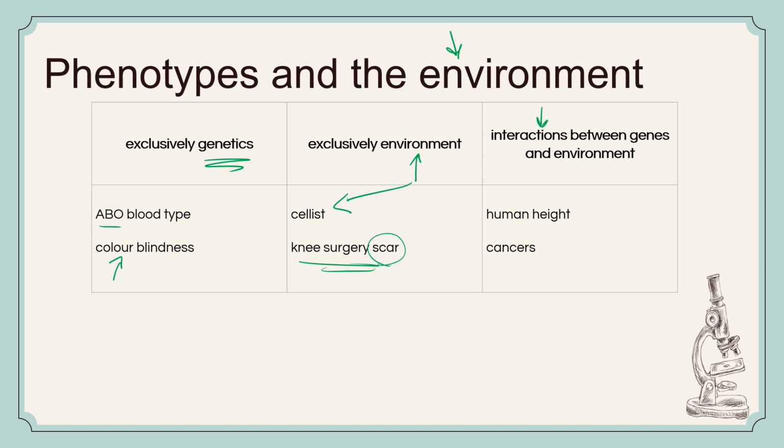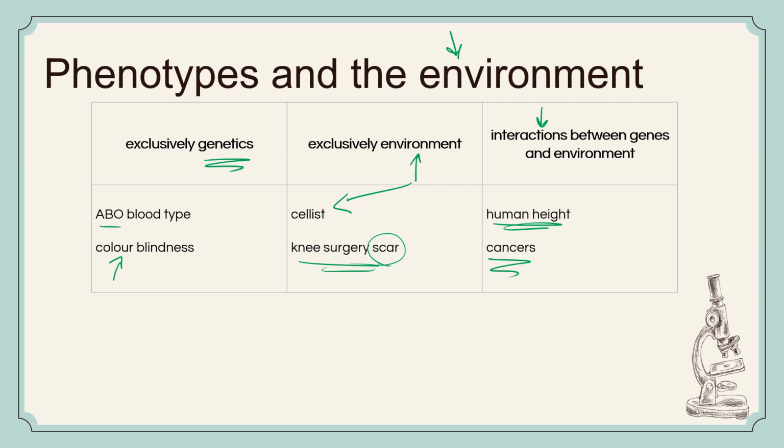Sometimes, though, we have super cool mashups between genes and the environment. Height is controlled in part by genetics, but it also is related to nutrition and how our muscles are developed. And so height isn't just about genetics, it is also about the environment. The development of cancer is also an interaction between genes and the environment.